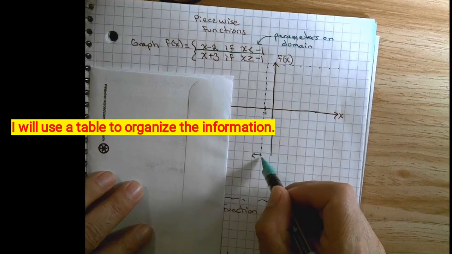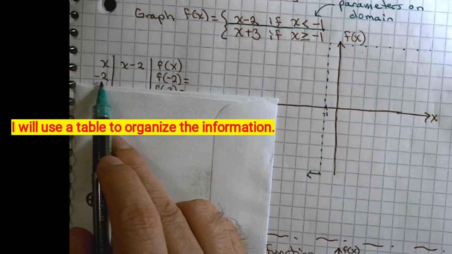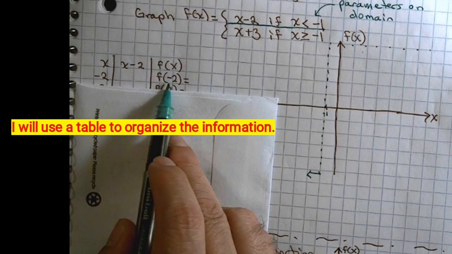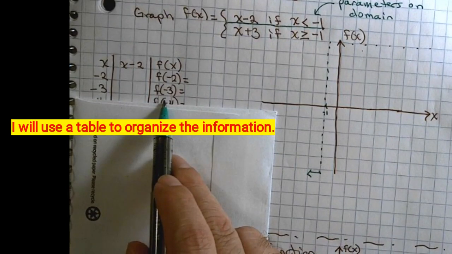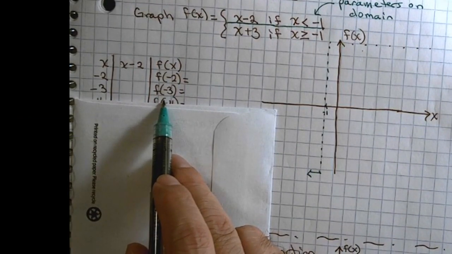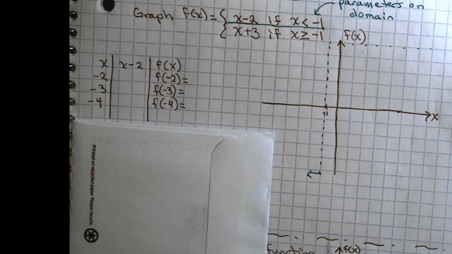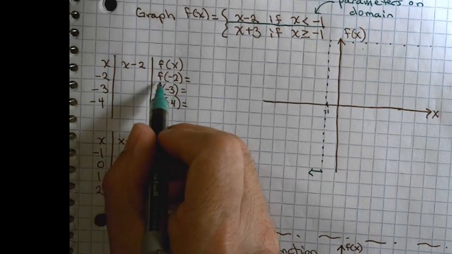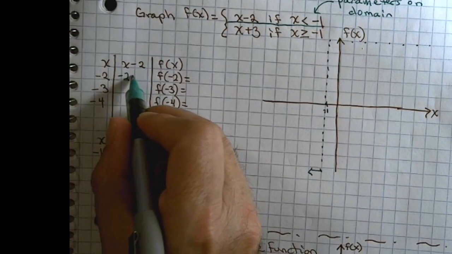For example, x could be -2, in which case I would want to know what the f of -2 is. Or x could be -3, in which case I would want to know what the f of -3 is. And once I gather all those points, I can connect those points. So for example, the f of -2 is the same thing as -2 minus 2.